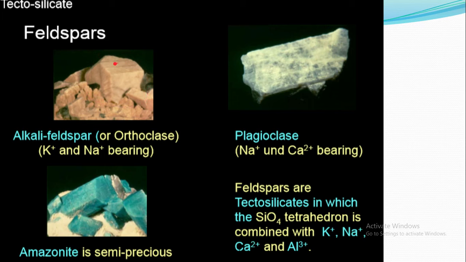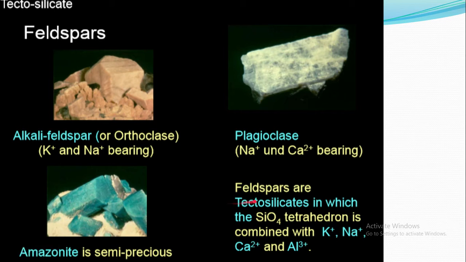The form is tabular. So this is the orthoclase feldspar, and this is the plagioclase feldspar. The color you see, this is light in color, this is reddish in color. This plagioclase is between sodium and calcium, and here the alkali feldspar is between potassium and sodium.